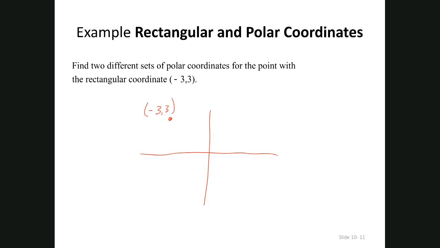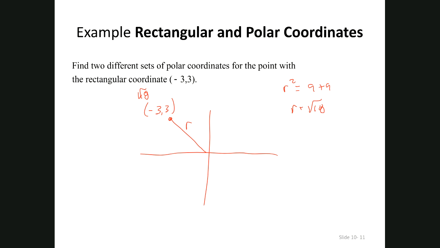It doesn't make any difference. But if I was going to do (-3, 3) and I wanted to find the polar coordinate for it, the first thing I want to do is find my r value. So r squared is equal to x squared plus y squared, so that's going to be 9 plus 9, take the square root, so r is equal to the square root of 18.